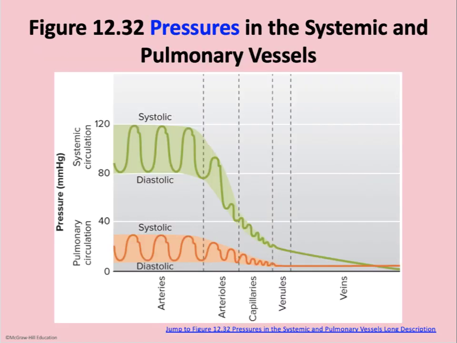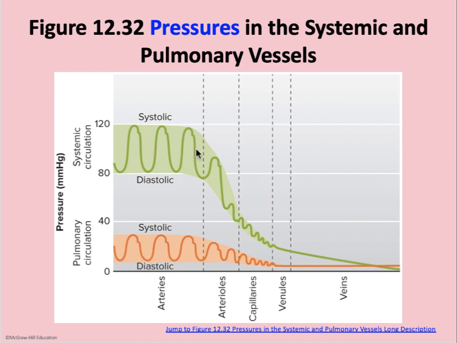Figure 12.32 has on the x-axis a location, and on the y-axis it has pressure in millimeters of mercury from 0 to about 140. What's obvious is that the systemic circulation has a much higher variation in pressure than does the pulmonary circulation.